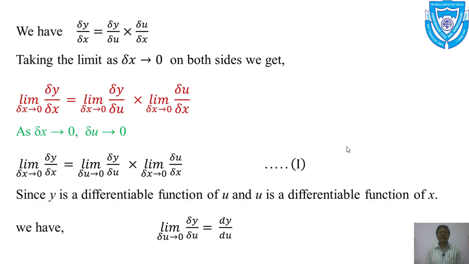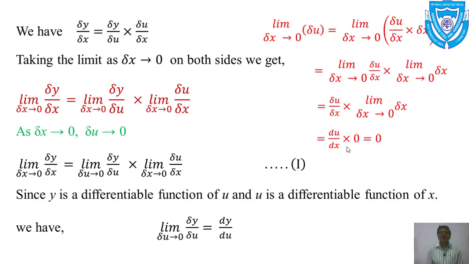So everywhere we have that delta x tends to 0. Now the next line reads: as delta x tends to 0, delta u also tends to 0.